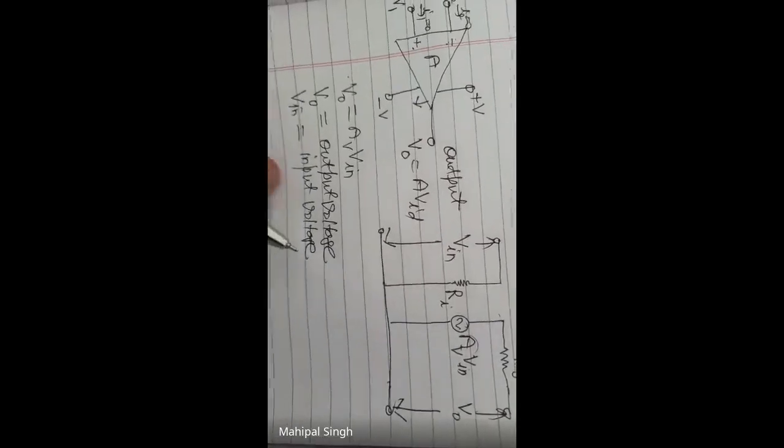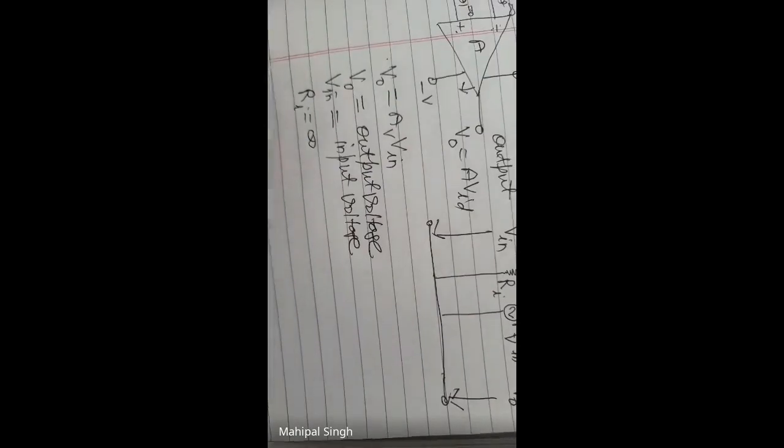Now, if we consider the ideal case, input resistance is infinite and output resistance is 0. Therefore, the equivalent circuit in this ideal case is shown in this figure.